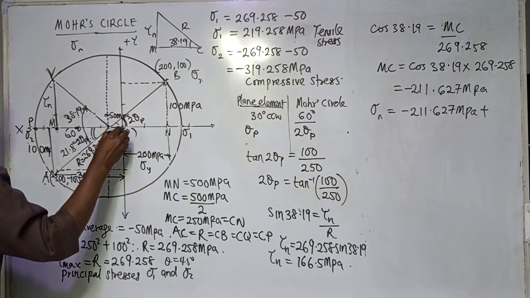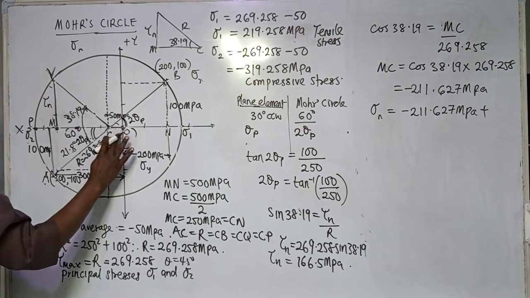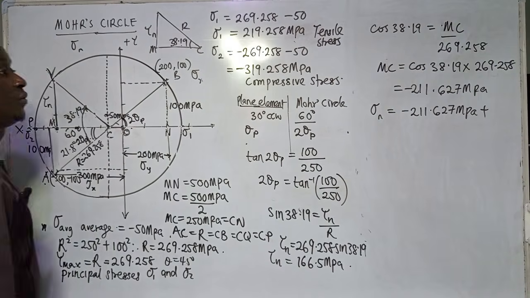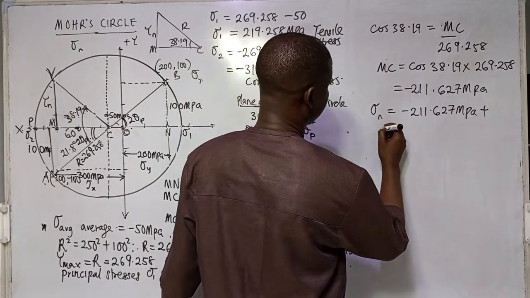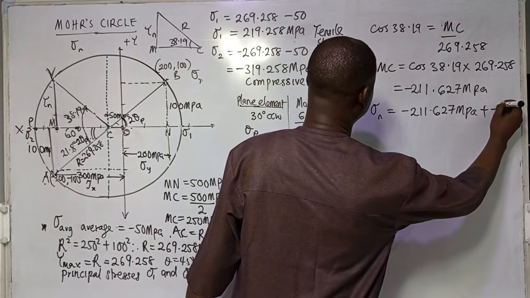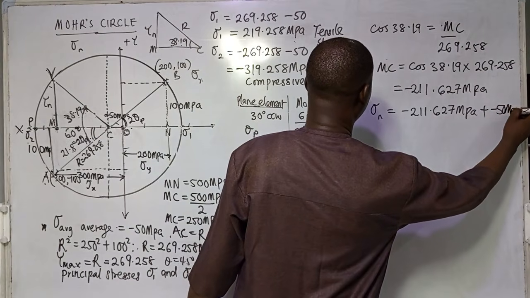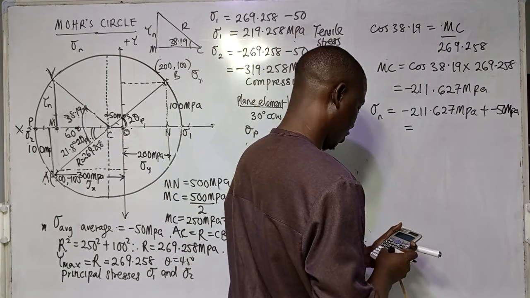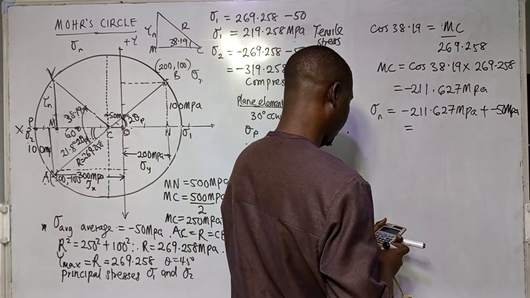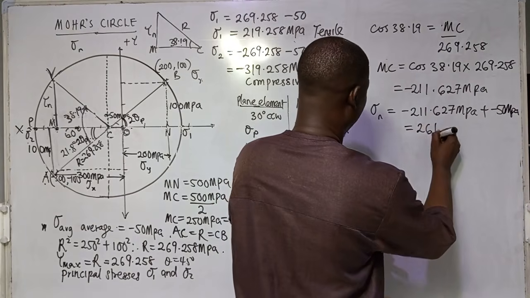So it's here that we're going to measure from MO. That means plus minus 50 megapascal. Just add 50 to it, so minus 261.6 megapascal.